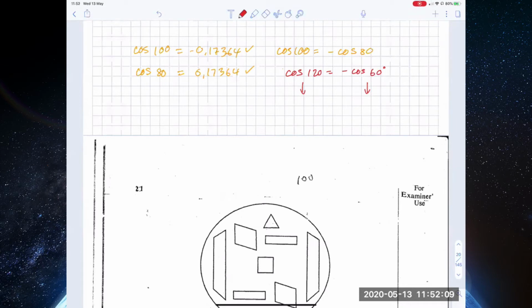Cos 120 is minus 0.5. And cos 60? 0.5. So to make it the same, we put a minus, isn't it?